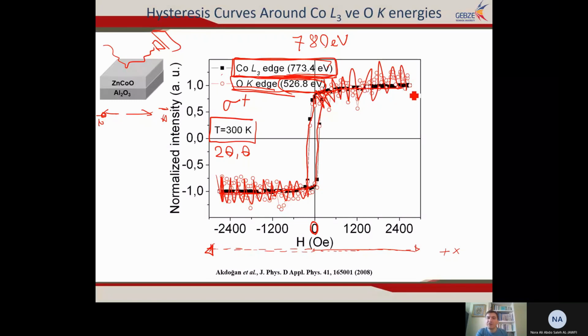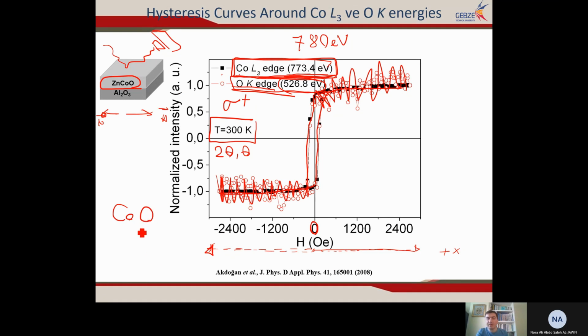But what is the meaning of identical hysteresis curves taken for cobalt and oxygen? It means that within this zinc cobalt oxide material, cobalt makes bonding with oxygen, okay?